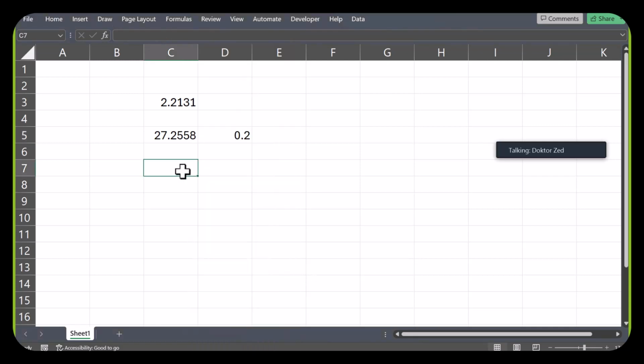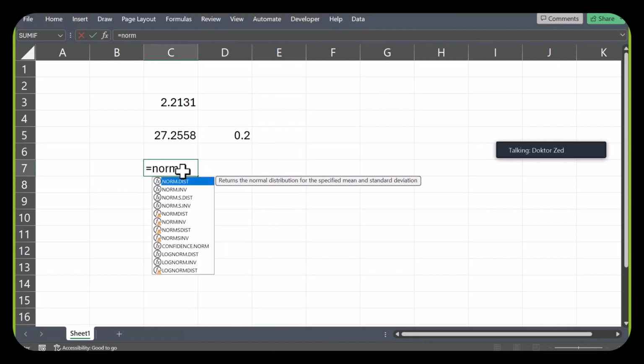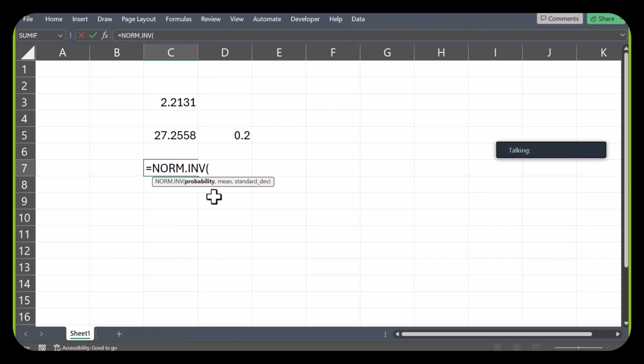But the way you would do this, you actually would use NORM.INV. I want a 20% probability. Mean is 27.15 times 1 plus the drift, and I rounded off the volatility. So you basically invert the standard normal distribution and you get it that way.